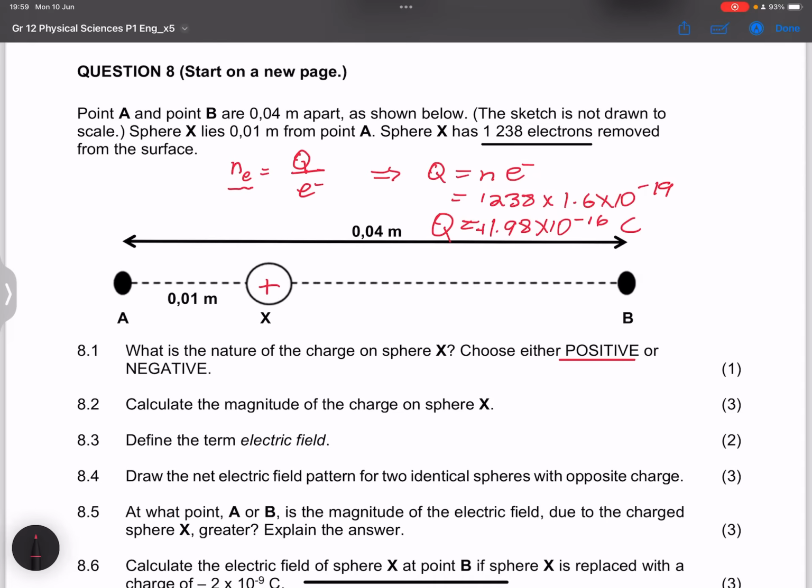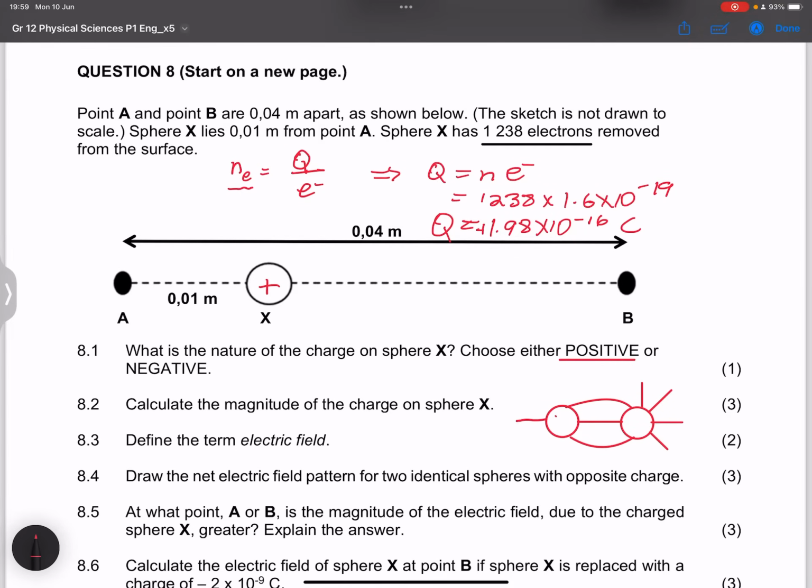So if we've got two spheres with two charges that are opposite, this is what our diagram would look like. We know that the two charges would exert forces of attraction on each other.